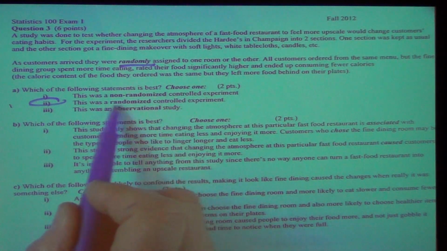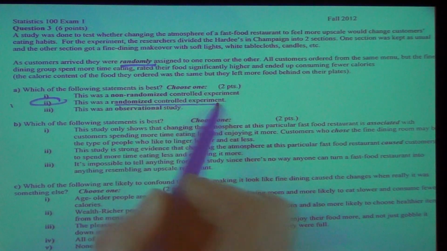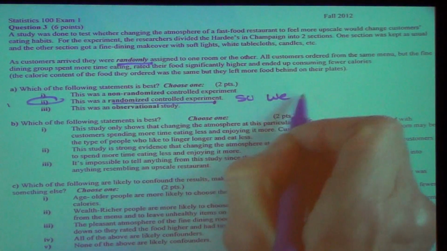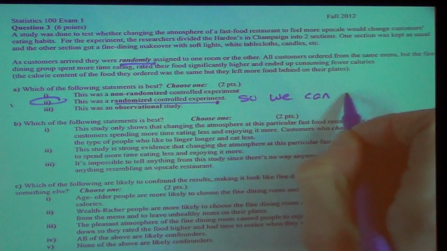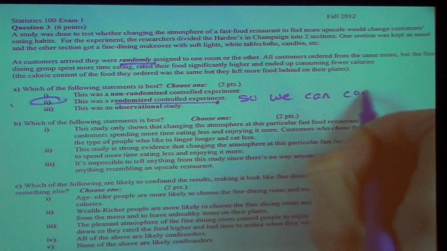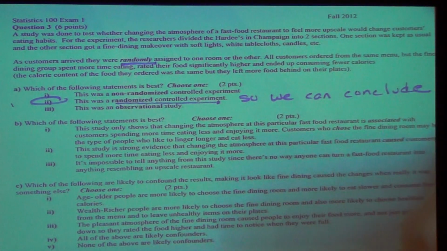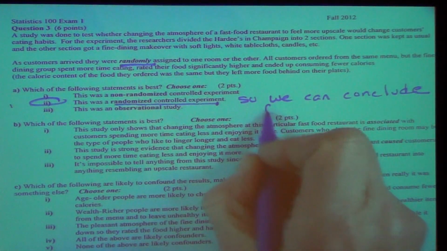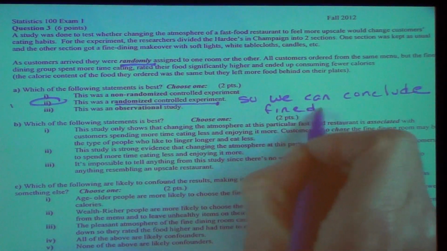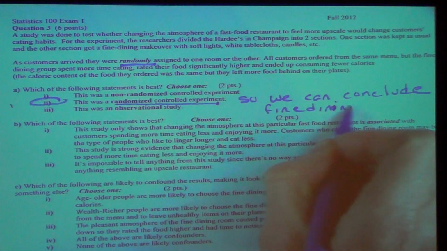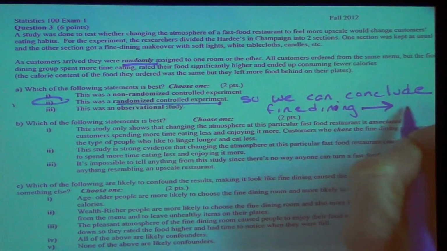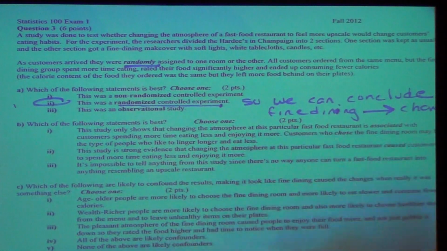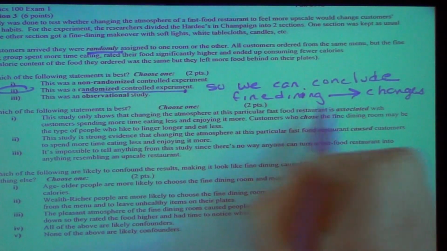It's a randomized controlled experiment, so we can conclude causation. We can conclude that the fine dining causes the changes, because there's nothing else. We can conclude causation.